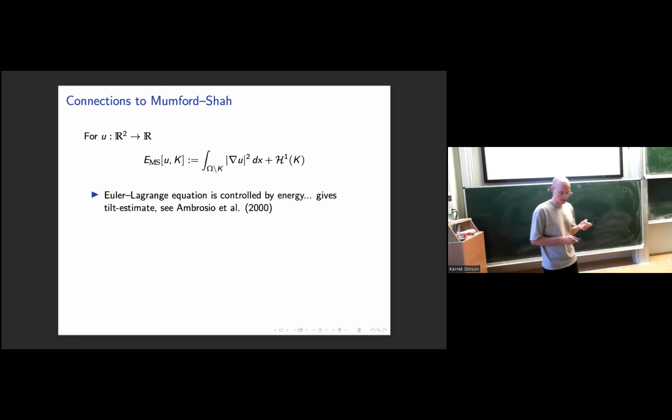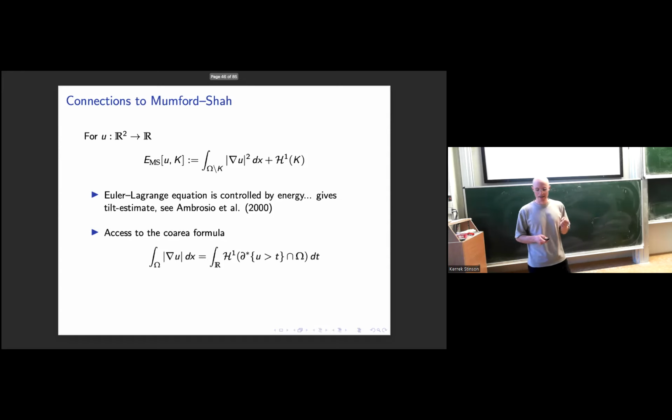For looking at regularity of the Mumford-Shah functional, there's basically two approaches. One is a PDE-based approach, and there you consider first variations of your energy, and this allows you to get a tilt estimate, which is like a reverse Poincare type inequality. The other thing you have access to when you're penalizing the full gradient is the coarea formula.